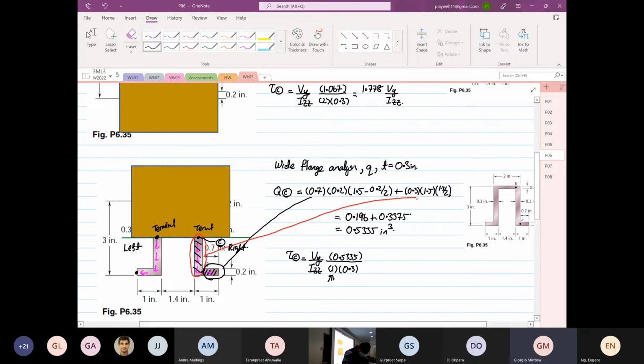Why 1? Because of the web flange. So this will be equal to 0.533 divided by 0.3, 1.778. Vy over Izz.